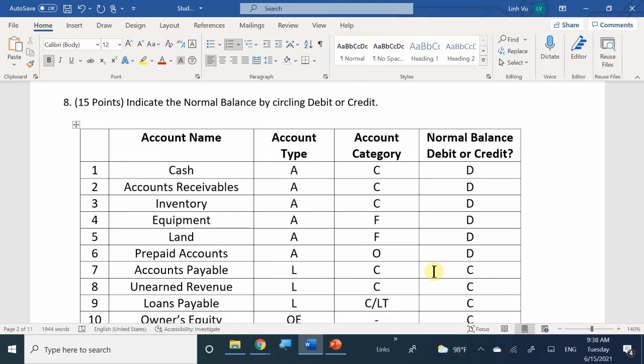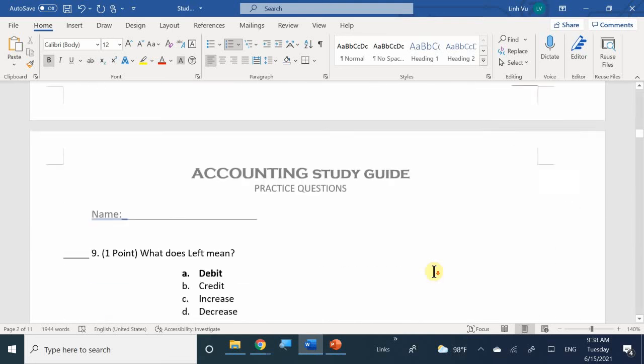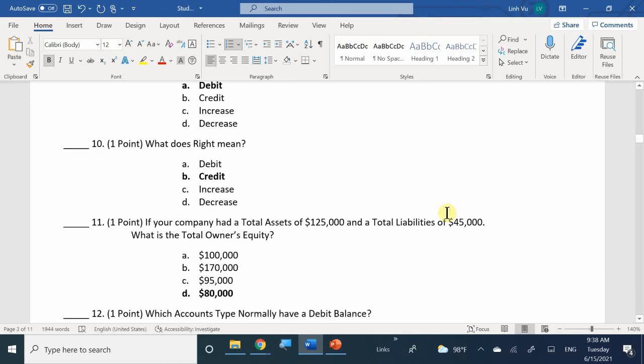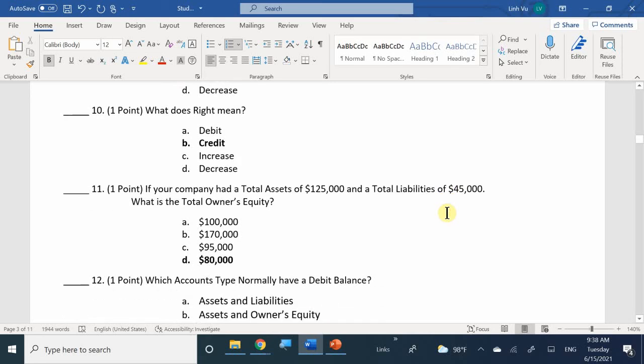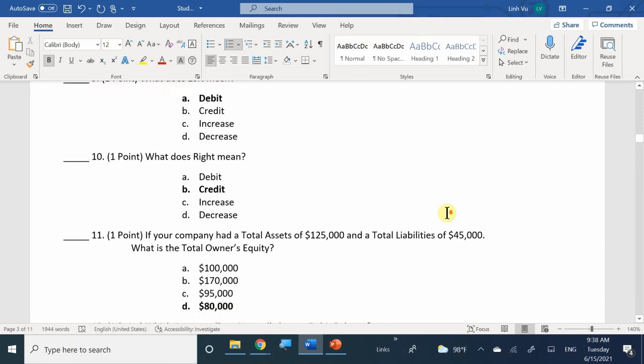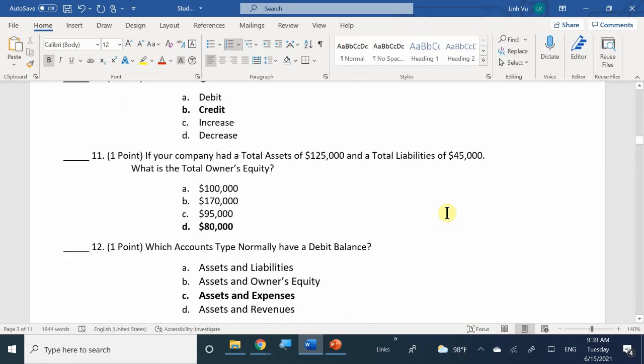I'll throw in a couple of normal balance questions too. Because these are conceptual, I may throw in what a debit or credit is, normal balance, temporary accounts, all that. So that's chapter 2.